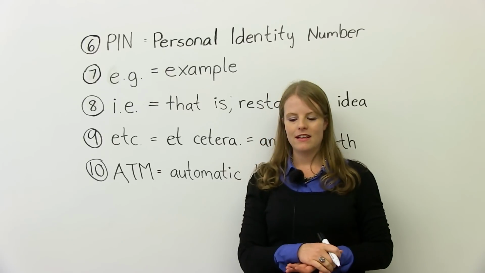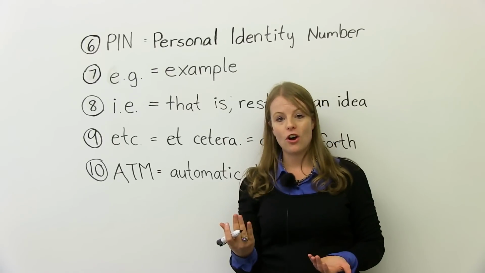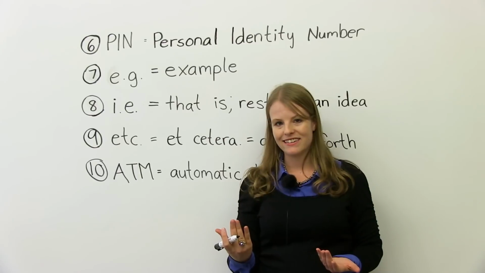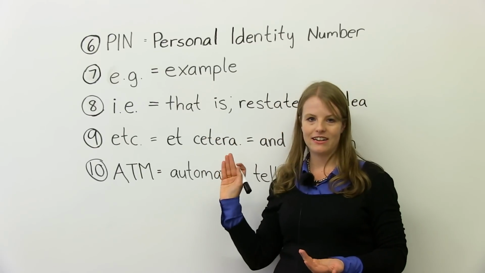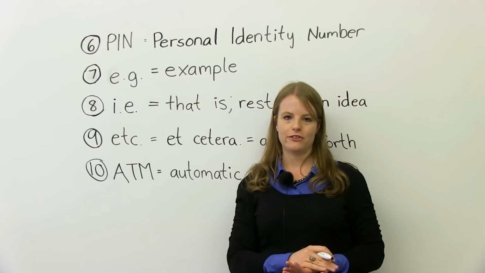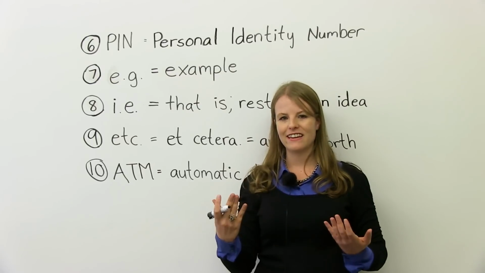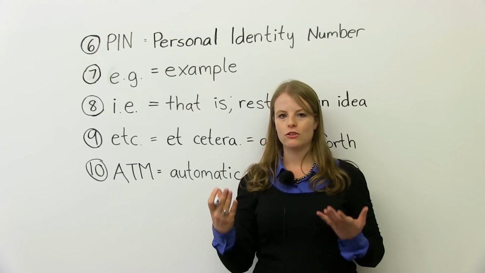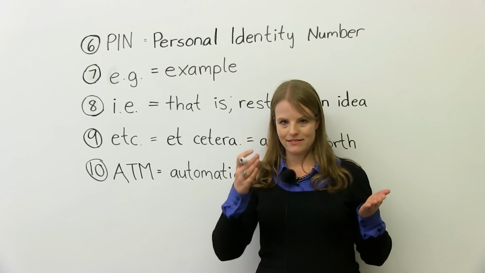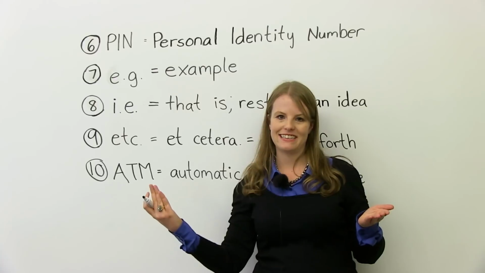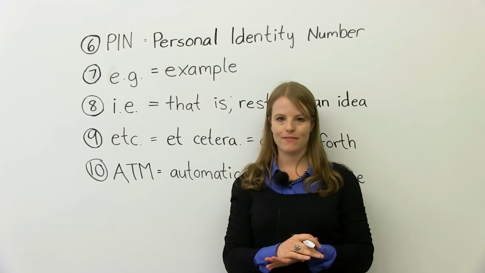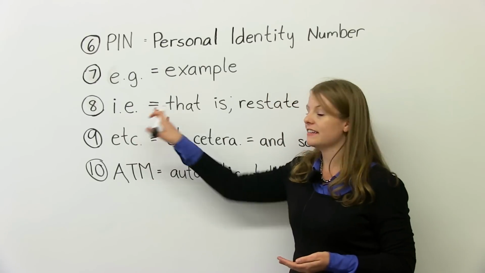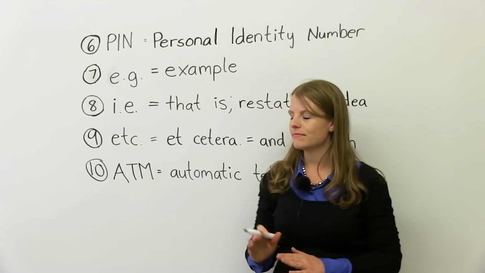For example, this happened on Halloween, I.E. October 31st. Okay, so it clarifies something. It makes something more clear. You have the same point, but you're repeating it, in a sense, in different words. Okay? So IE does not mean example.